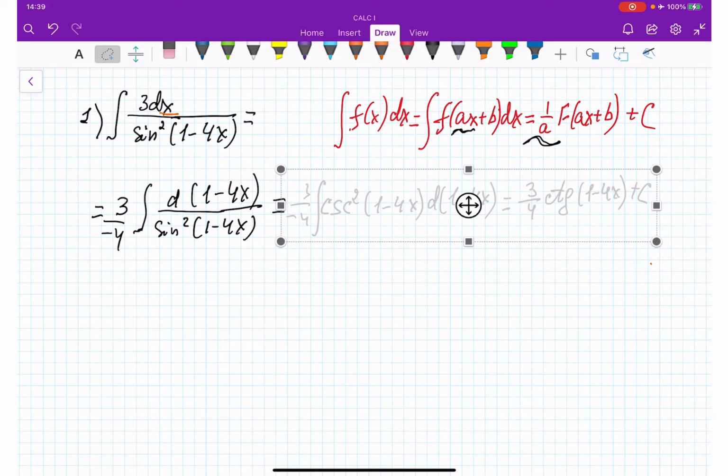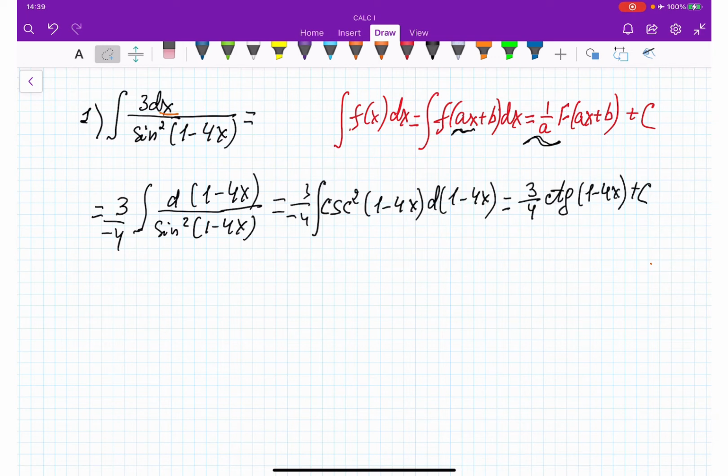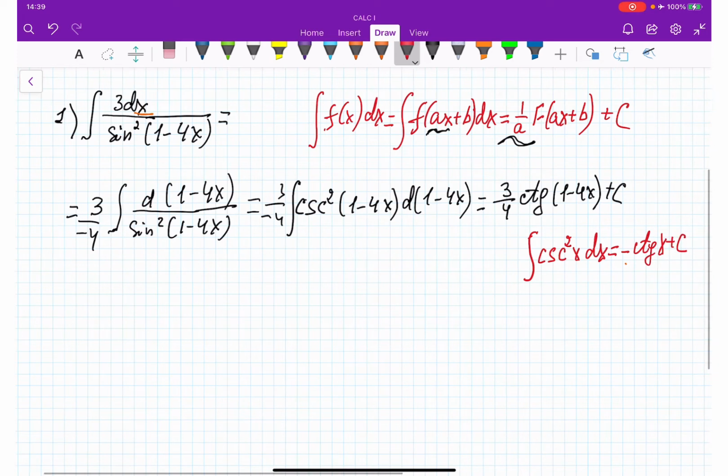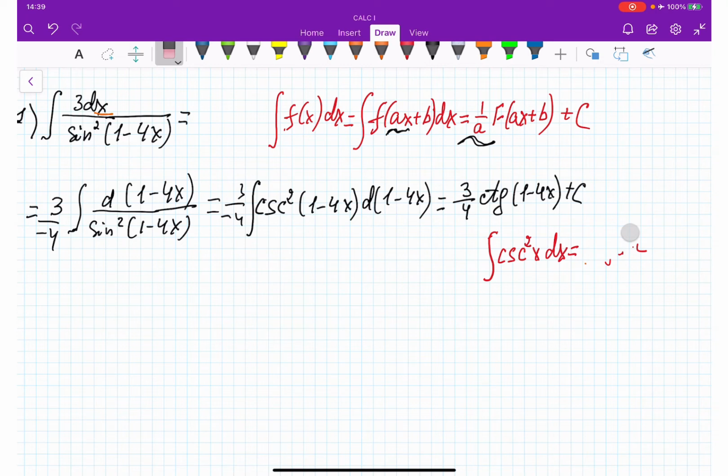Why is that? Based on the formula that we used, the integral of cosecant squared x dx is equal to negative cotangent x plus c. Oh, I said negative and I didn't put negative.